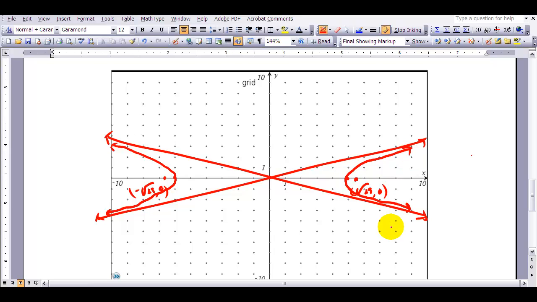And then we want to also label these, so this would be y equals negative 2/5 x, and this is y equals 2/5 x. Okay, and our vertices we'll put as negative 5, 0, and 5, 0. And I think we have everything labeled.